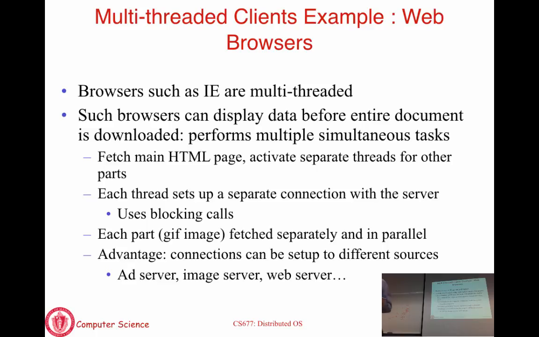Maybe your page has embedded images. You only downloaded your HTML at this point. So then you have to take each image, set up connections to the server and download each of those images. Once all the images have been downloaded, you have to then render them. They might be in different formats, JPEG or PNG or whatever. You have to decode the images and display them. And so on.